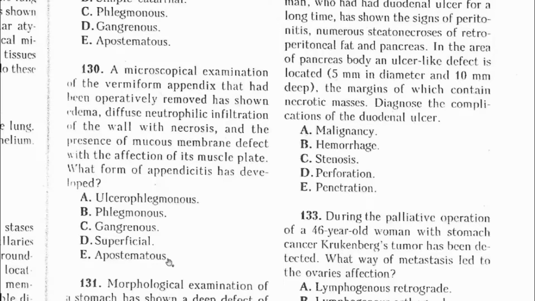This has a formation of small abscesses. Then we have gangrenous, when there are large areas of necrosis. Now in this case, our best bet will be ulcerophlegmonous. So the answer is A.